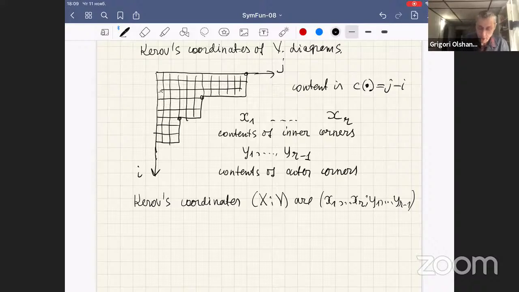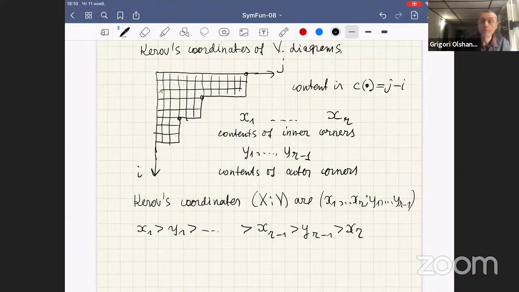The remark is as follows: these coordinates interlace. We have these relations, strict inequalities. It is quite obvious.